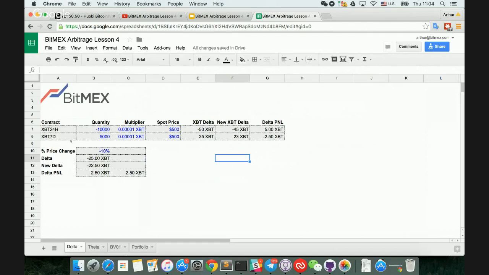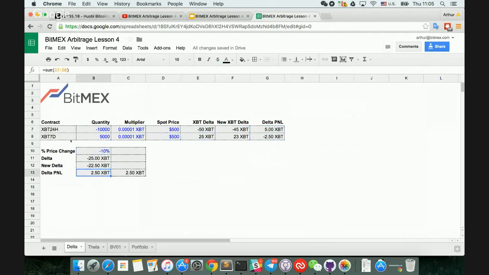So I want to illustrate here the properties of delta. So let's assume that we change the price by 10% down. As you can see, our new Bitcoin delta is 45 Bitcoin short, and then 23 Bitcoin. And what we're most interested in is the profit and loss attributed to the change in price. So basically subtracting new delta from old delta, and then we get our delta P&L.